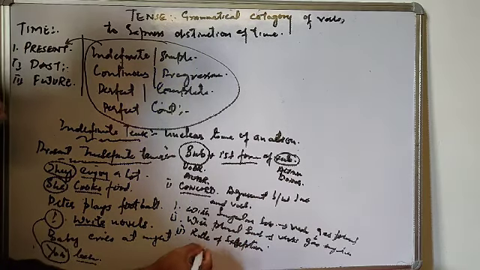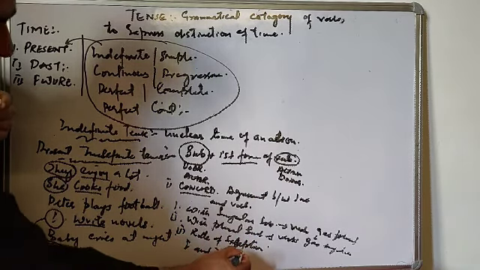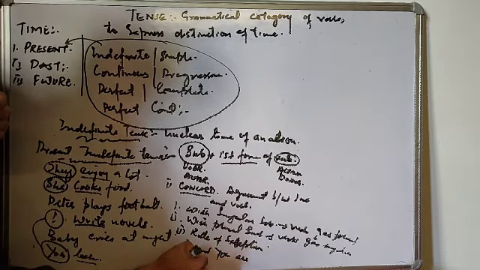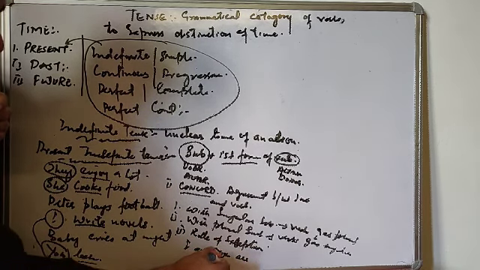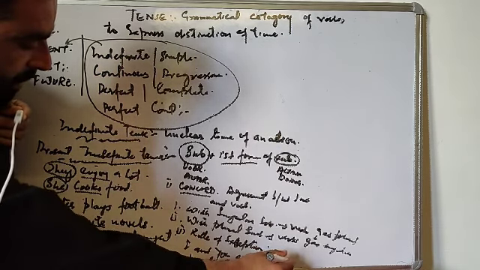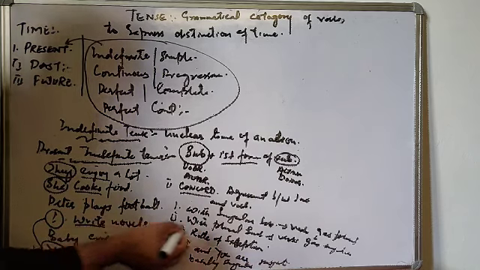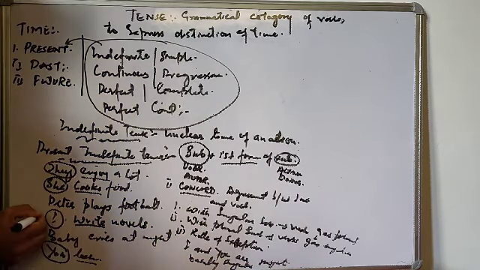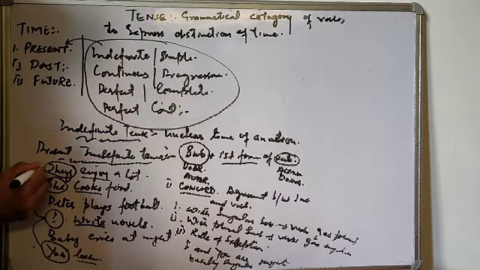Rule of exception says I and you are basically singular subjects, but we treat them as plural subjects. So I and you are kept in the category of plural subjects.